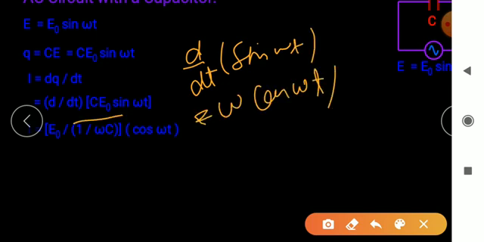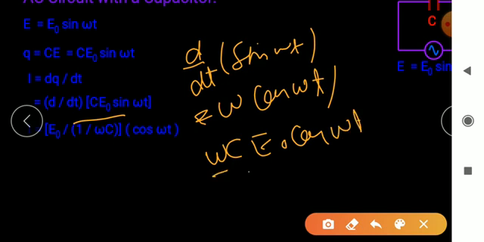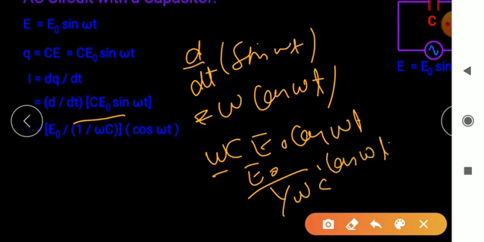So on solving we have omega C E naught cos omega t, and we can write this as E naught upon 1 upon omega C into cos omega t.